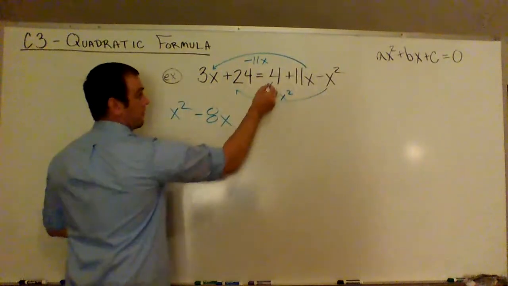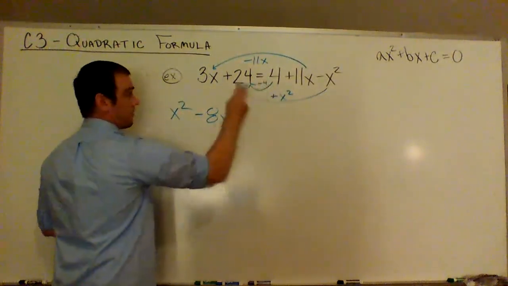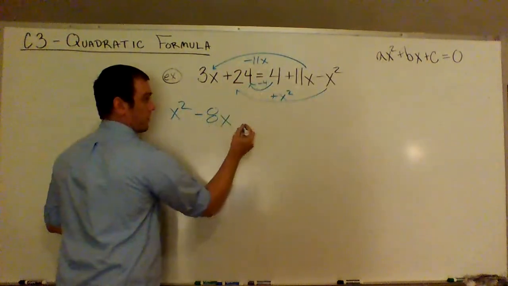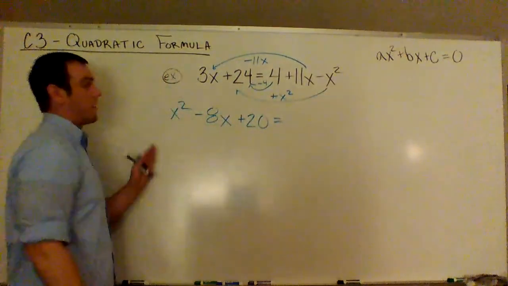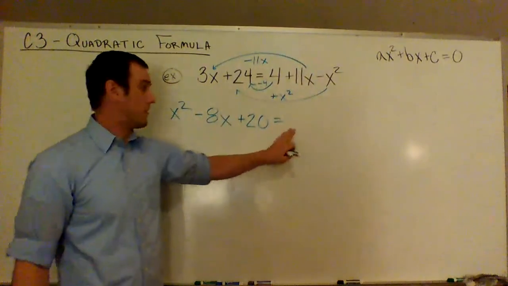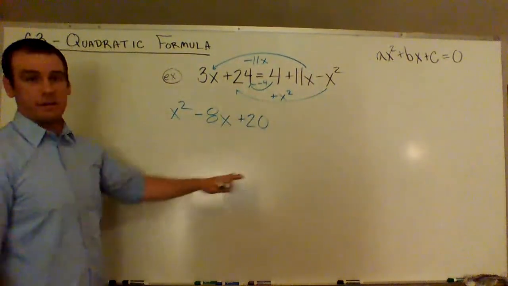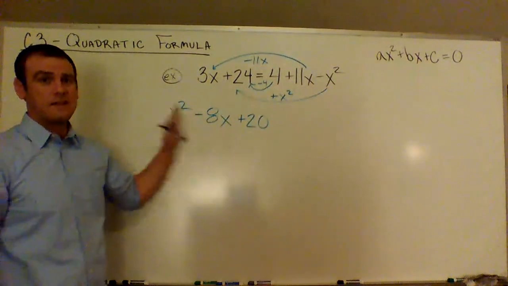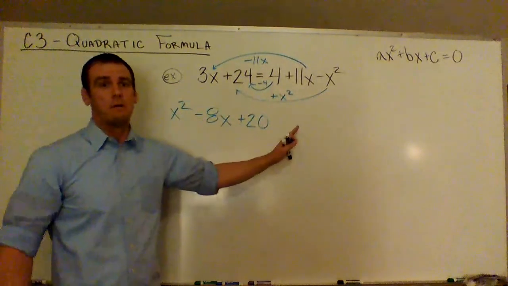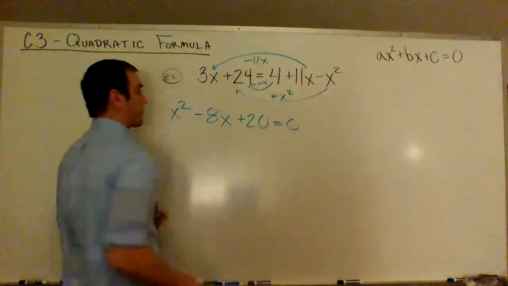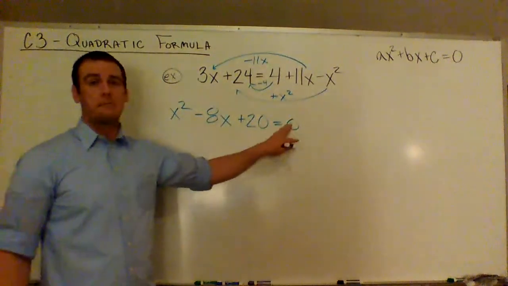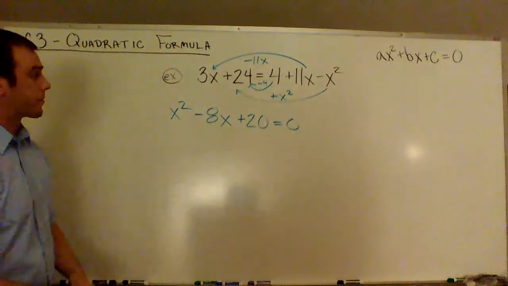I'm going to move the 4 over by subtracting 4. 24 minus 4 is 20. Now guys, you have to say equals 0 over here. You can't just have that and then start doing the quadratic formula. You have to have an equal 0 for you to use the quadratic formula. Don't be lazy. Don't forget that equals 0. You got to write it.